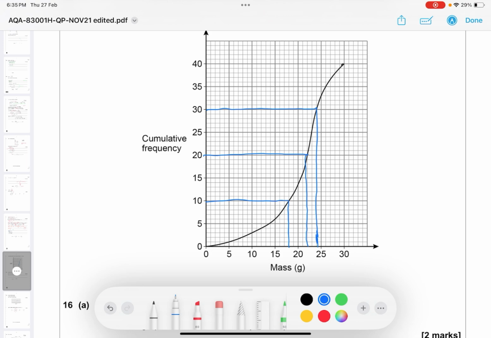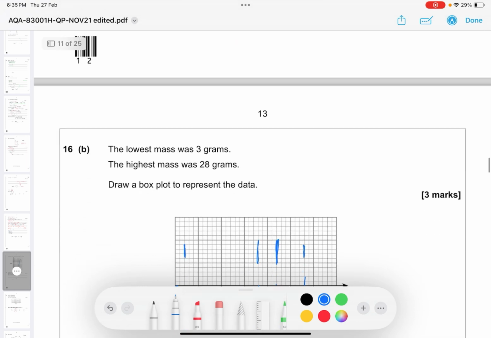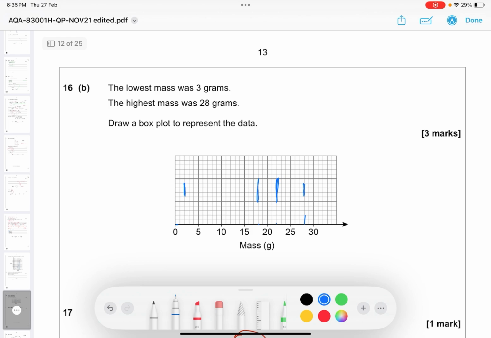That is at 24. So over here. So here is a box plot. You can draw it like this.